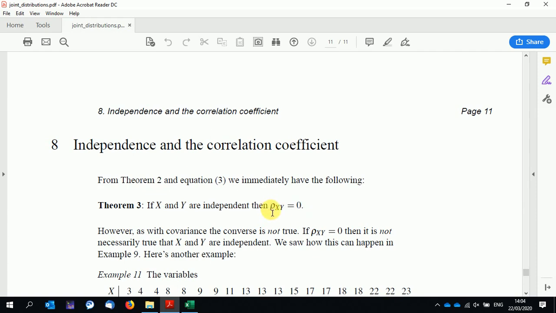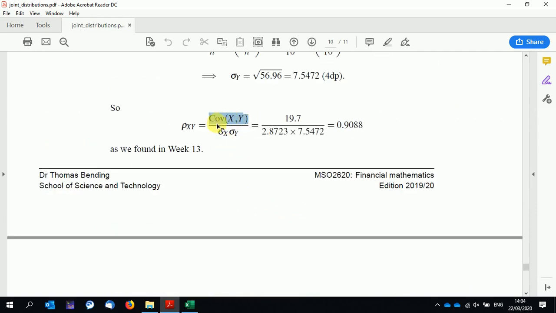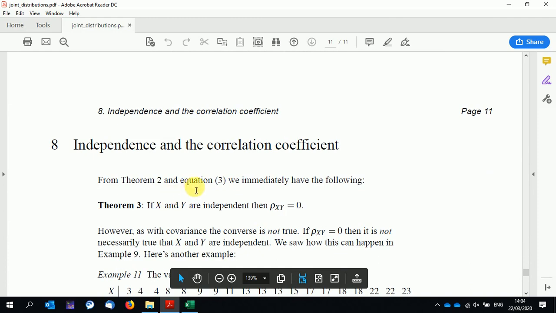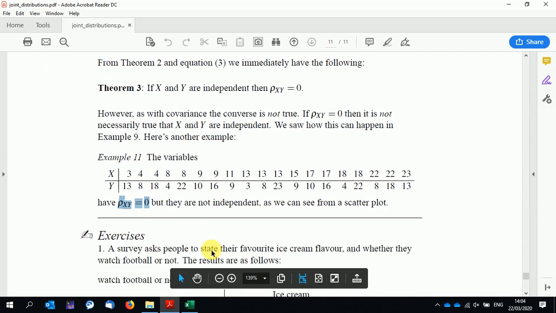It also means that r, or in this case rho, or if you know it better as coefficient of correlation, should be 0. In terms of mathematics, just substitute 0 here. 0 divided by this product should give me 0. That's your r, same as rho. So remember, it works only in this direction, moving from here to here. The reverse is not necessarily true, and I think maybe this is one example where your r value is 0, but they are not independent.